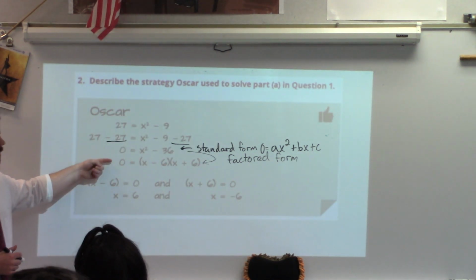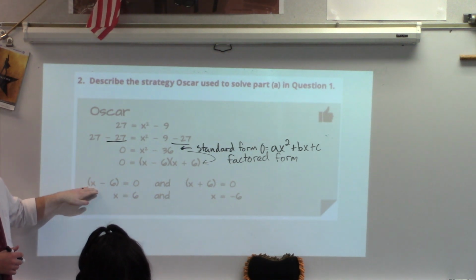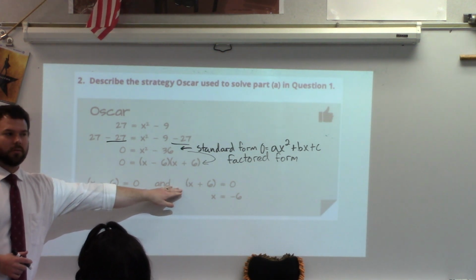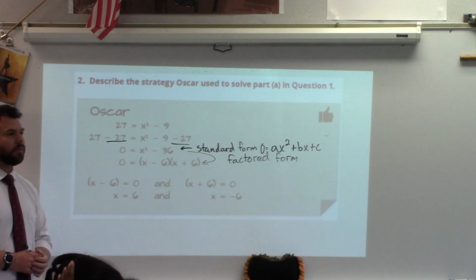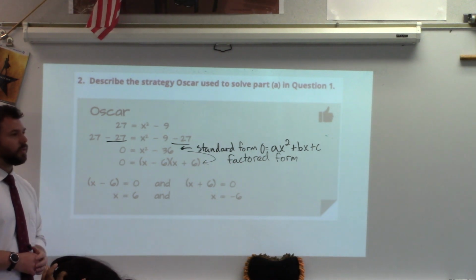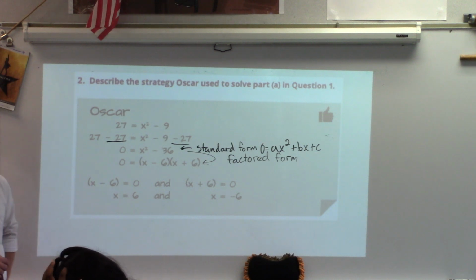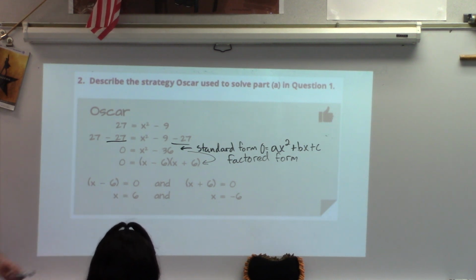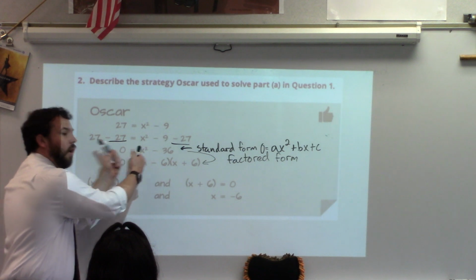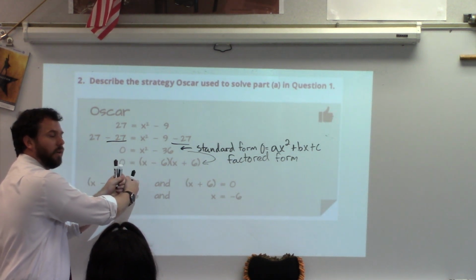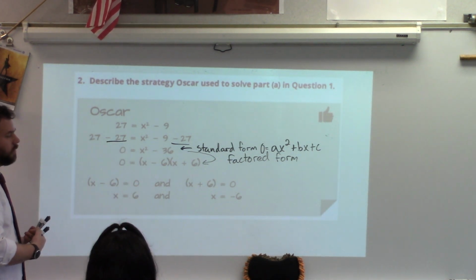How in the world did he go from this equation to these 2 equations? He didn't take a square root. There's no square root symbol there. It's in factored form, but how did he go from one equation in factored form?